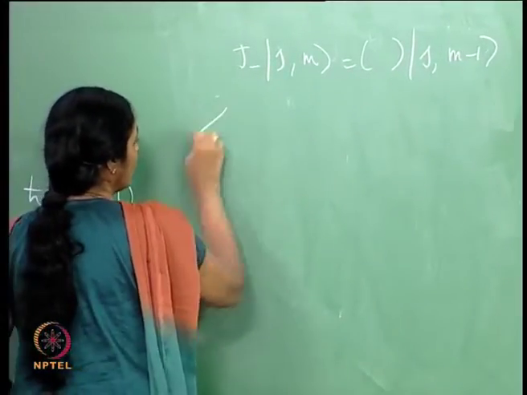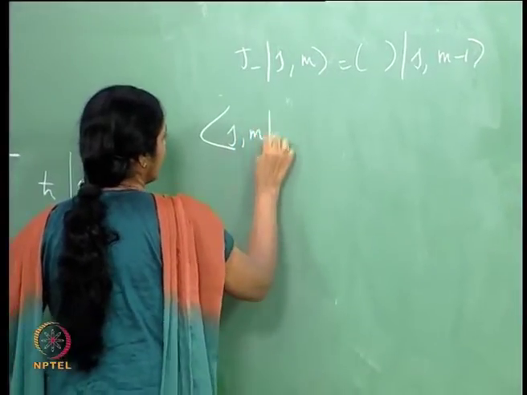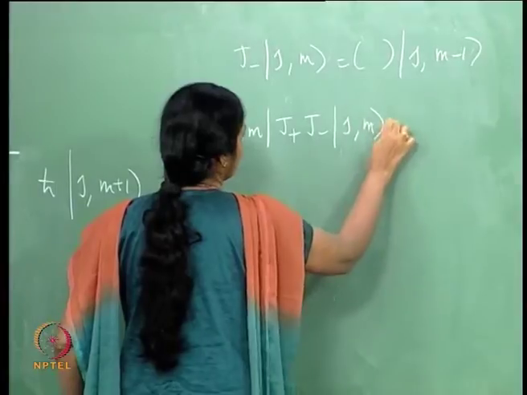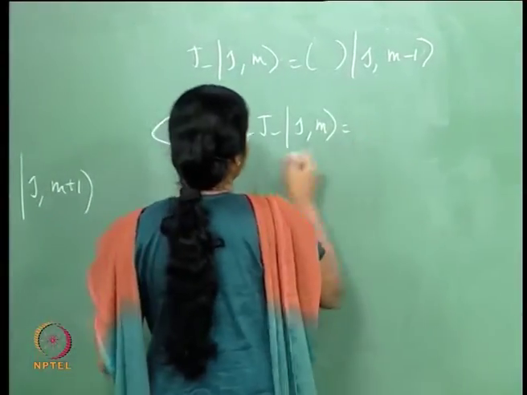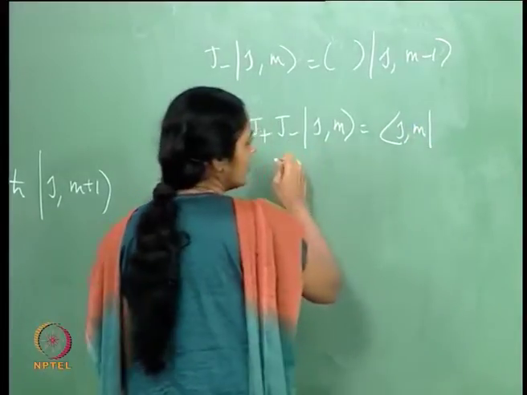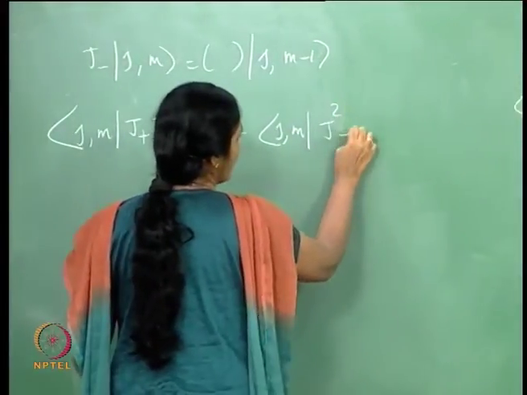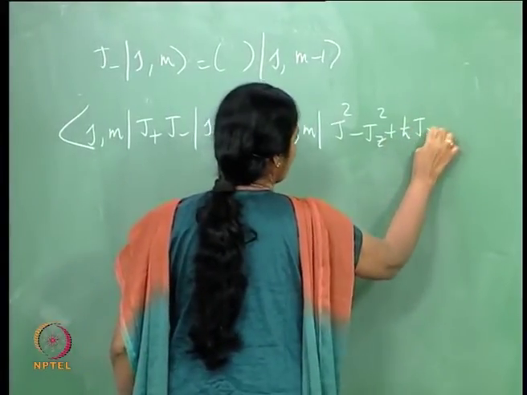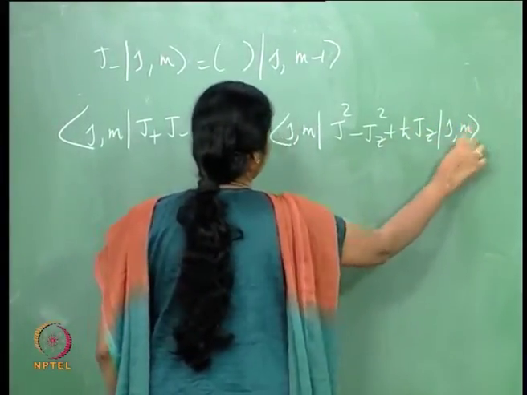As before, I try to find this. That is going to be ⟨j,m| J₊ J₋ |j,m⟩. J₊ J₋ is J² minus Jz² plus ħ Jz.